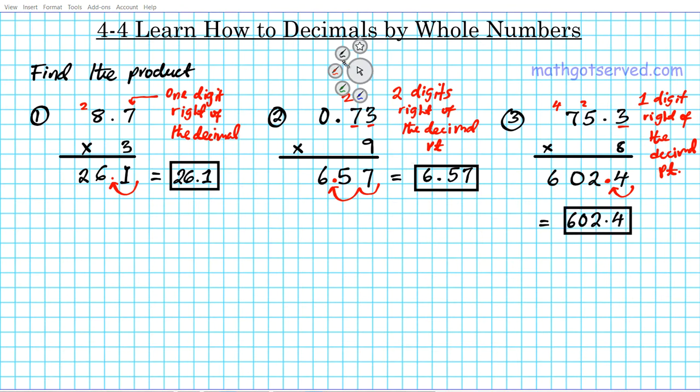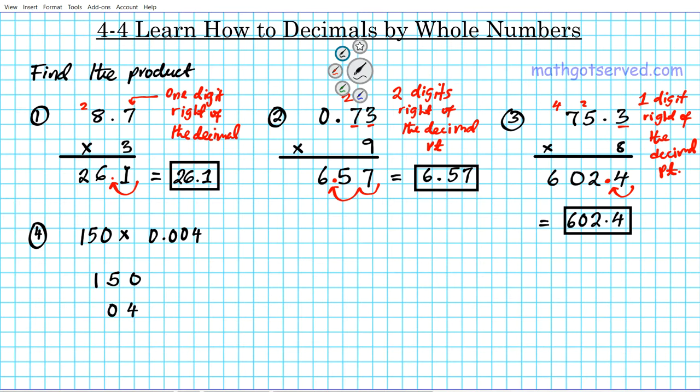Okay, let's go ahead and try another example. For question number 4, what if we have to find the product of 150 and 0.004? Okay, so let's orient it vertically. We're going to be multiplying vertically, using the stacked method.